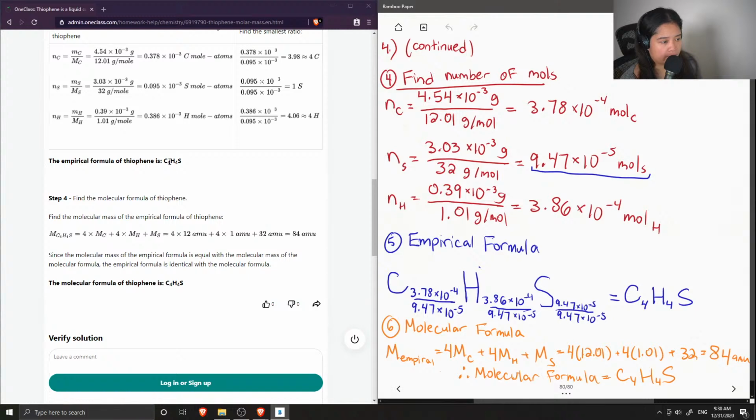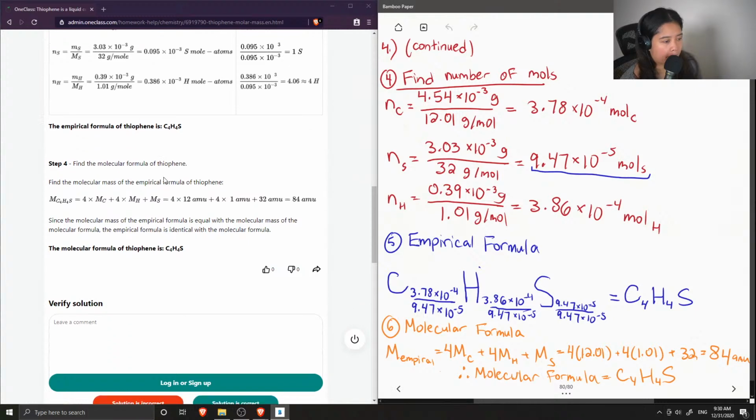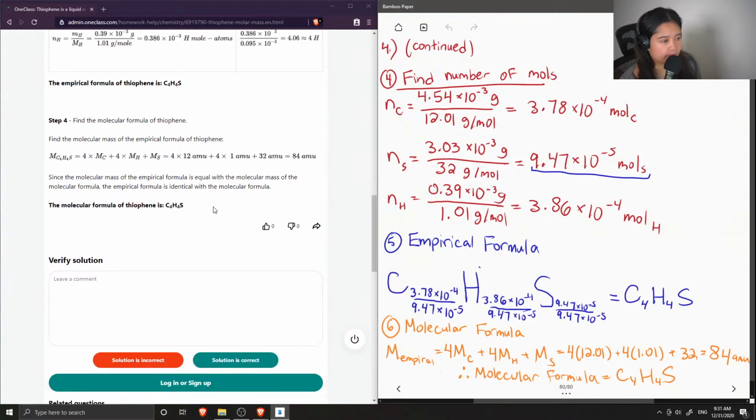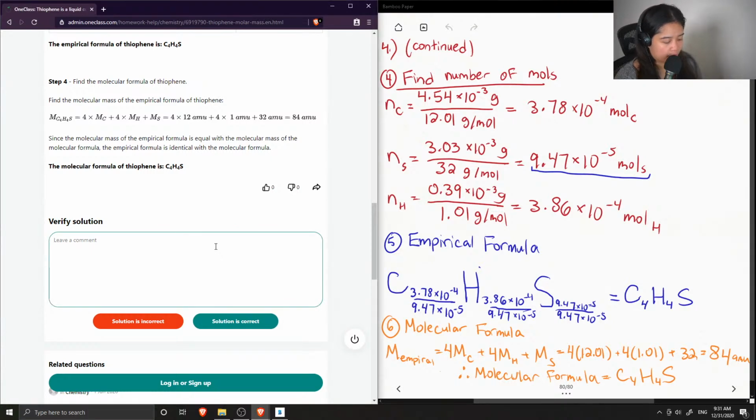And they found the empirical formula to be C4H4S. And they noticed that this was the same formula as the molecular because they had identical molecular masses. Okay, so this solution is correct.